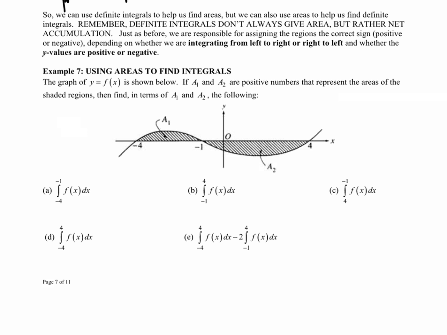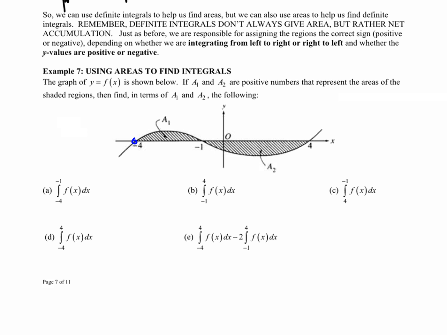In this next example, we're going to be focusing on using areas to find integrals and knowing whether we should be using positive or negative values. So when you read the integral for part A, it says find the area under the curve, integrate from negative 4 to negative 1.